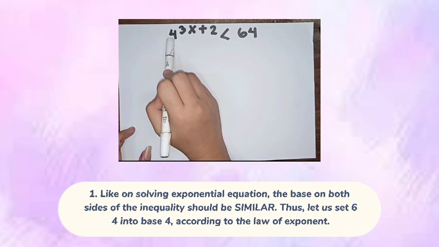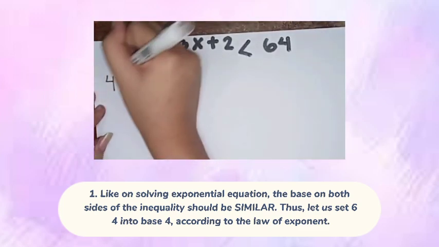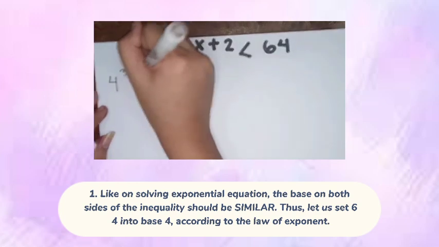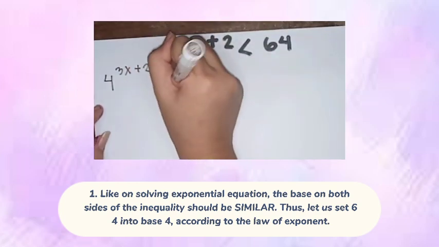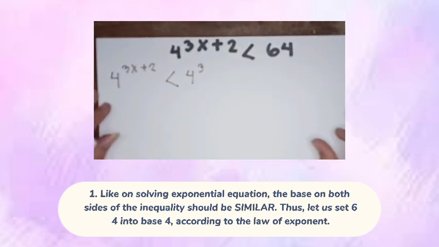If you think of it, 4 times 4 times 4 is simply 64. Thus, our inequality now is 4 to the power of 3x plus 2 is less than 4 cubed.